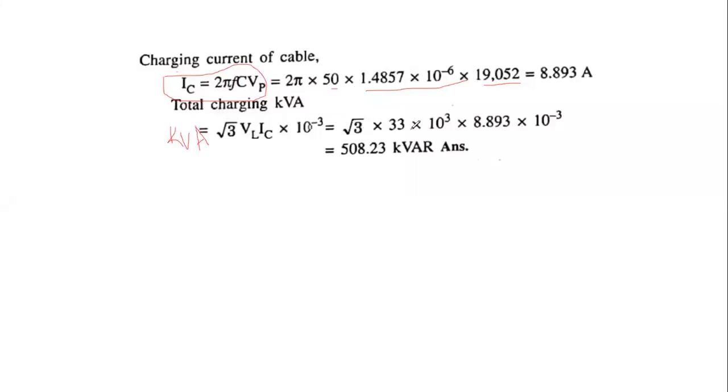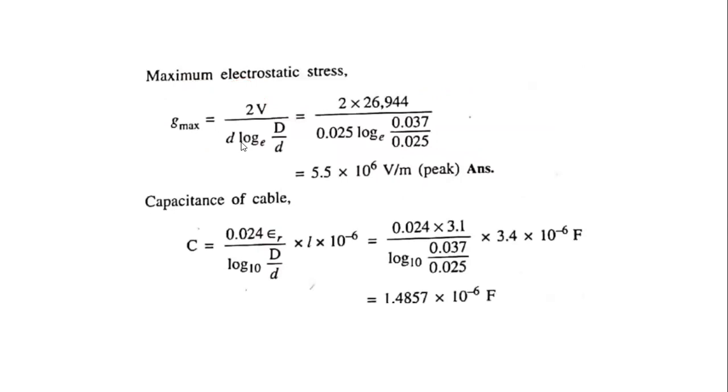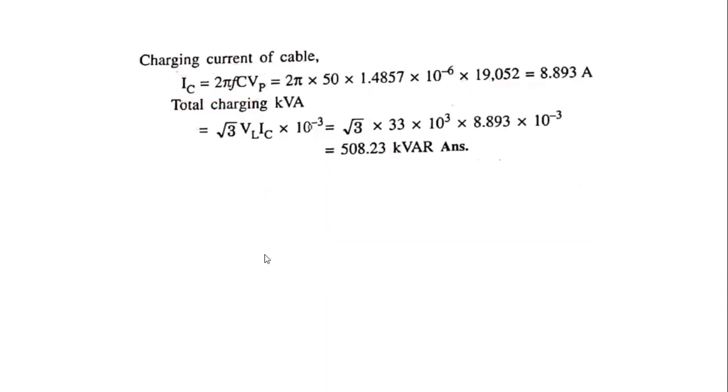That is root 3 into 33 into 10 cube into the charging current, 8.893 into 10 power minus 3, which equals 508.23 kVAR. This is the total charging kVA, and this is the charging current, the G max, the maximum electrostatic stress, and the capacitance of the cable.